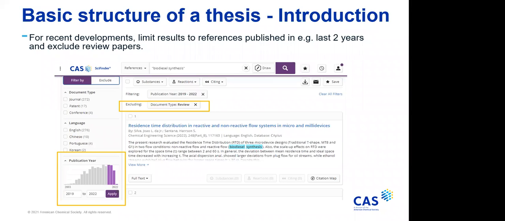For such instances, you may want to exclude review articles because you really want to focus on papers that are talking about new research, right? Because review articles are typically a summary of what has already been done. So in SciFinder-n, we have the exclude function, so it's easy for you to remove certain types of references that you may not want to see from your answer set. And of course, you can use the publication year filter to narrow down your references to those in the more recent years.